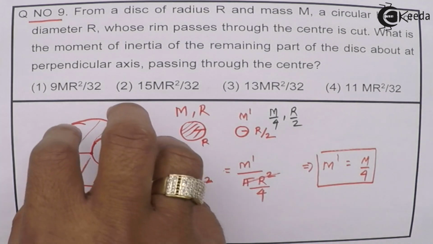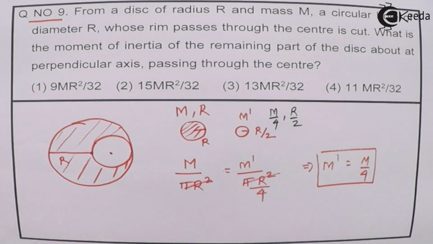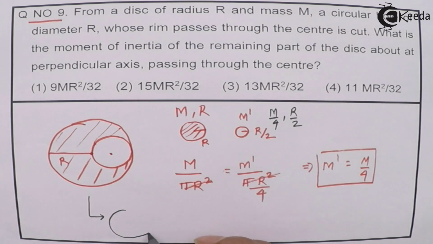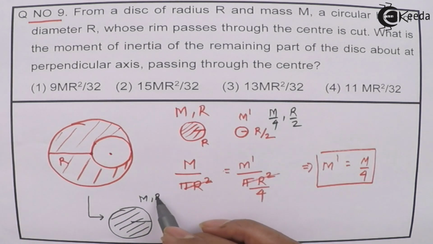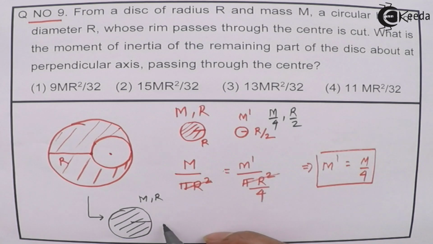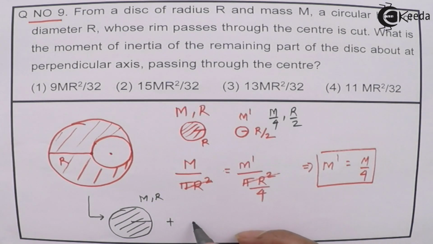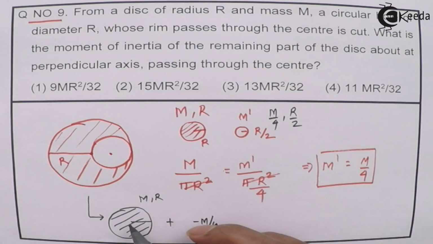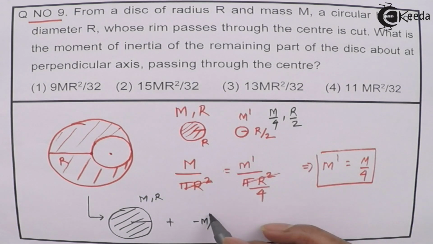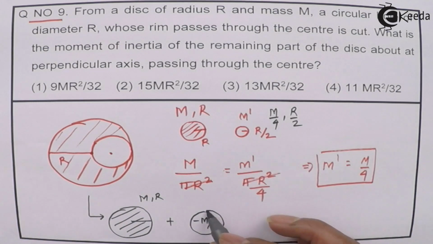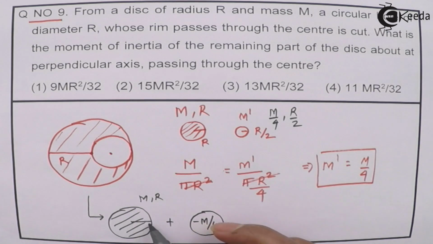This situation is equivalent to one whole disk whose mass is m and radius r, plus a negative mass m by 4 put at this place.